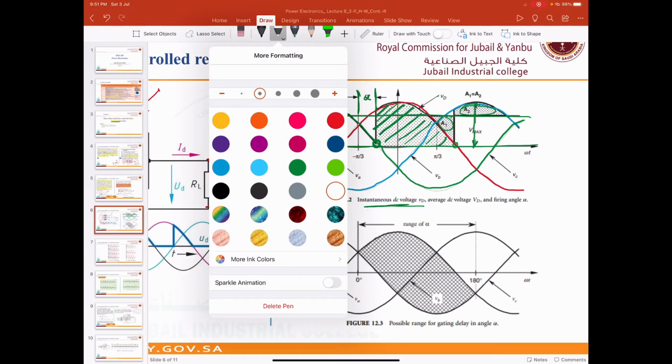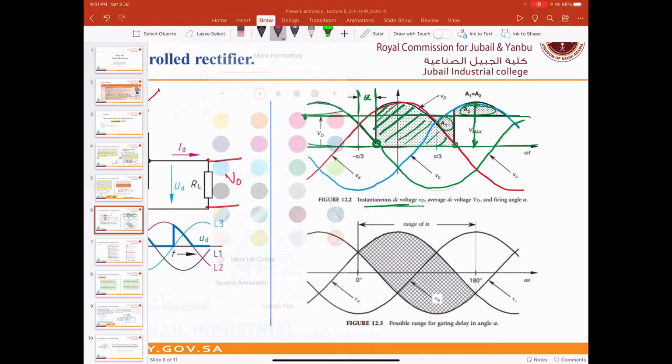Okay, this is the VD, guys, this is the VD. And so on. Okay, this is the average voltage. The firing angle here should be alpha. This is the firing angle.